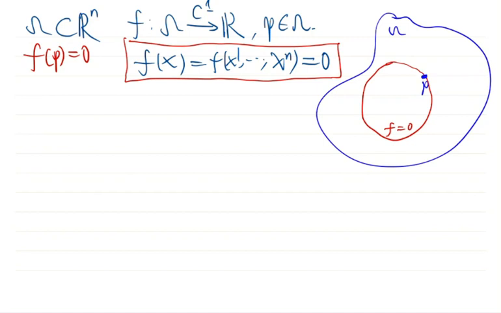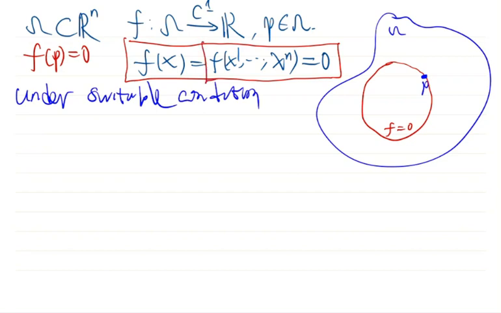So, under some suitable condition, from this equation, f(x1, ..., xn) equal to 0, you can express xi for some i.